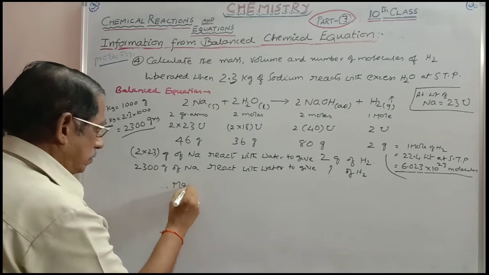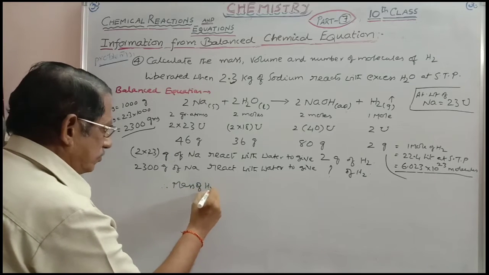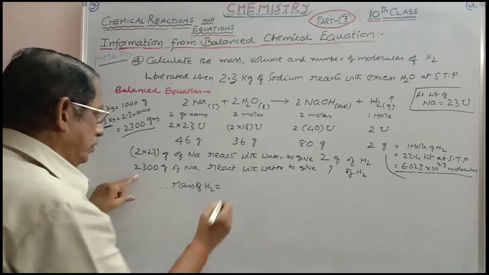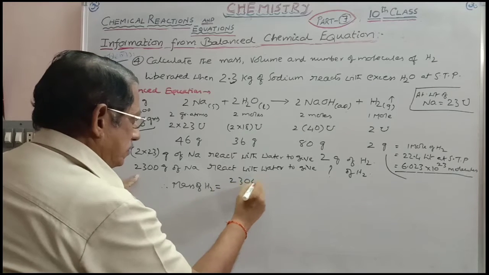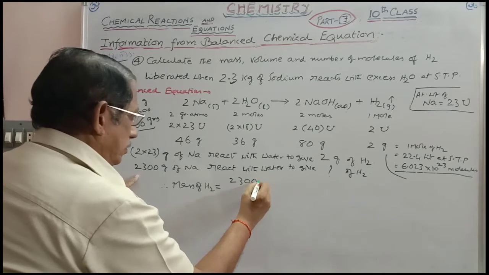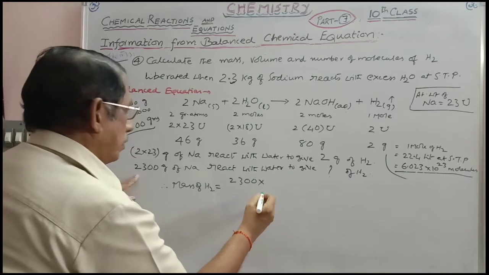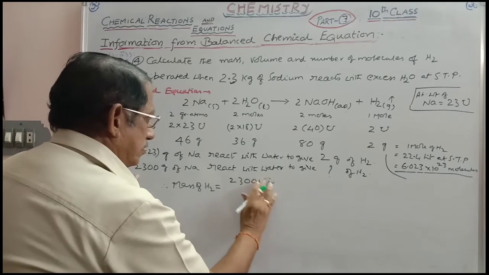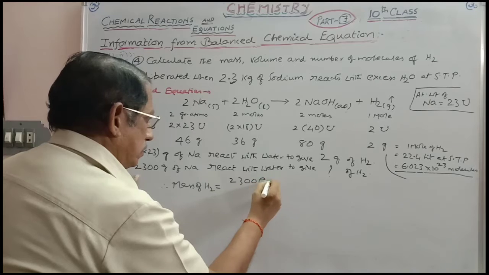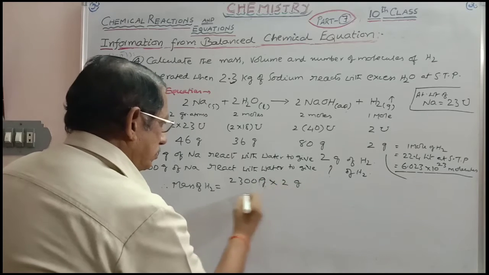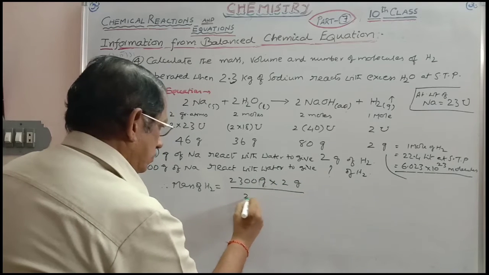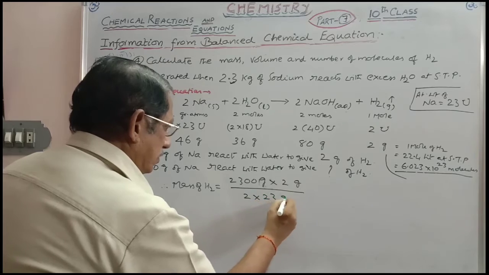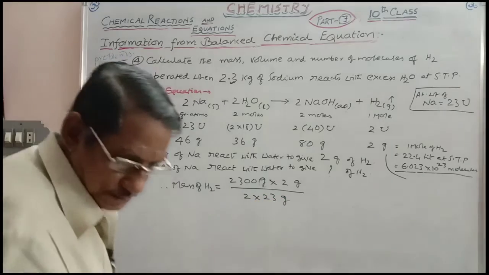Therefore, mass of H2 is equal to 2300 grams into 2 grams by 2 into 23 grams, right?